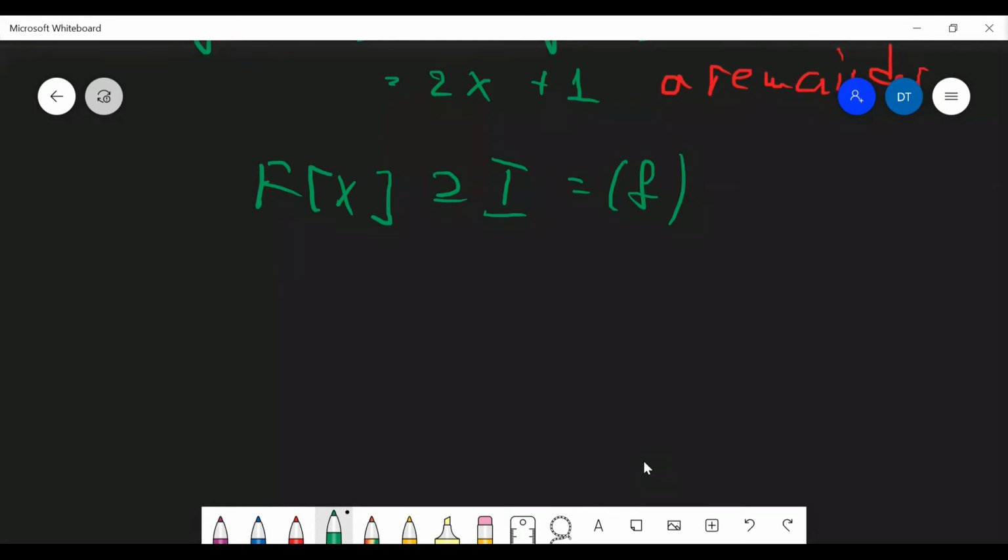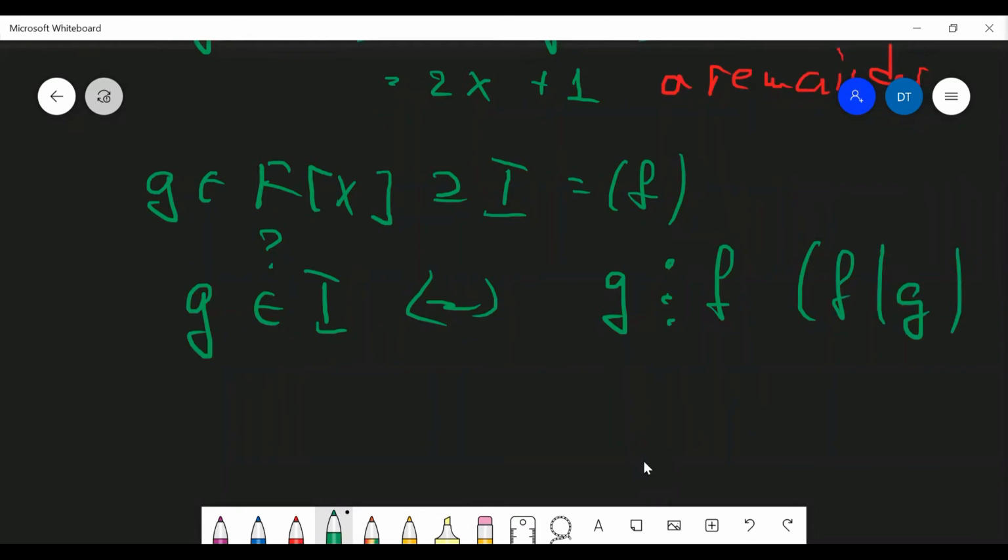And when you deal with the ring of remainders, well, actually, let's do it without the ring of remainders. If you have a polynomial G and you want to check if your polynomial is inside I, this is equivalent to saying that G is divisible by F, or F divides G.